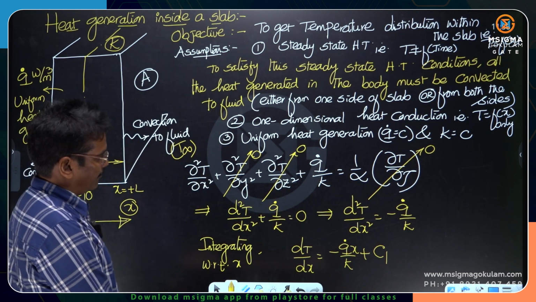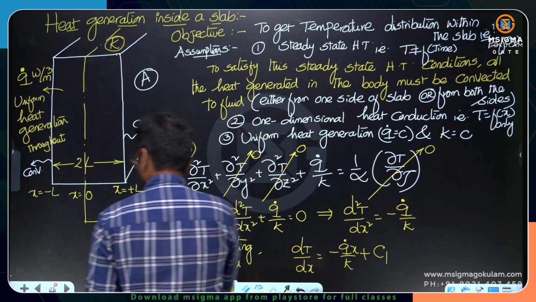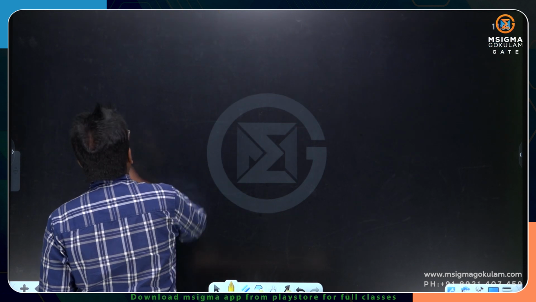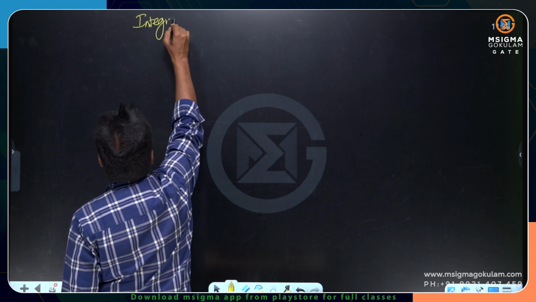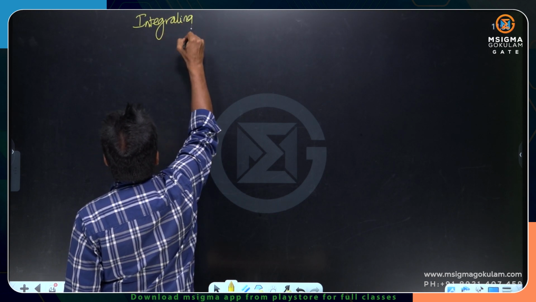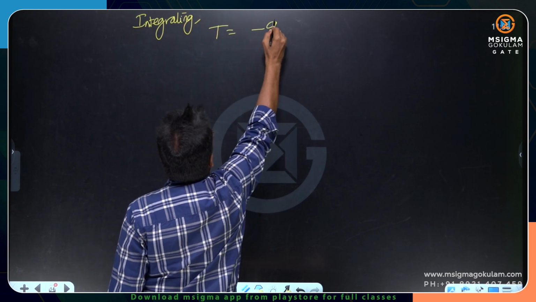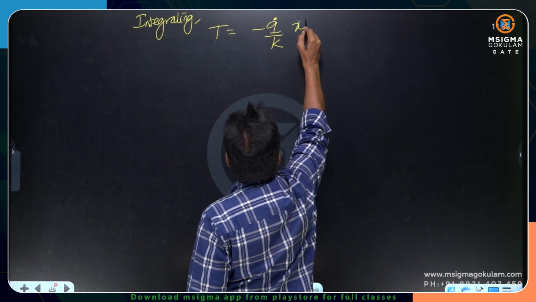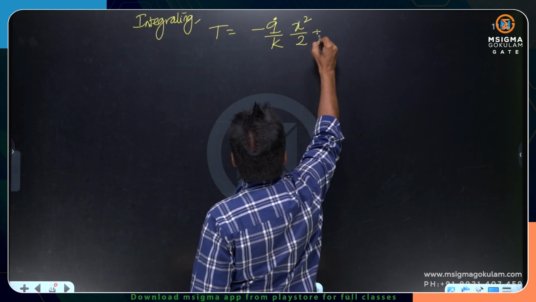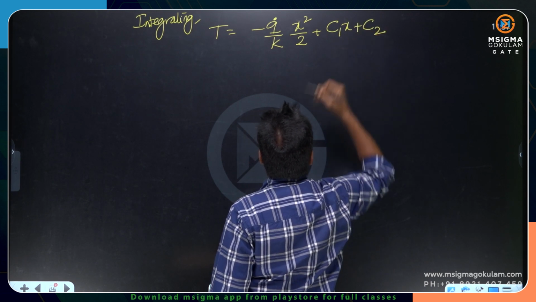Integrating again with respect to x, T is equal to minus q dot by k into x square by 2 plus C1 x plus C2.